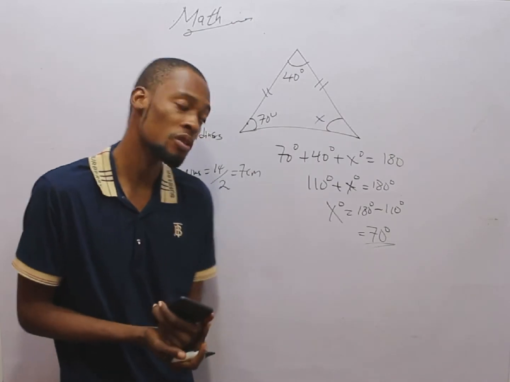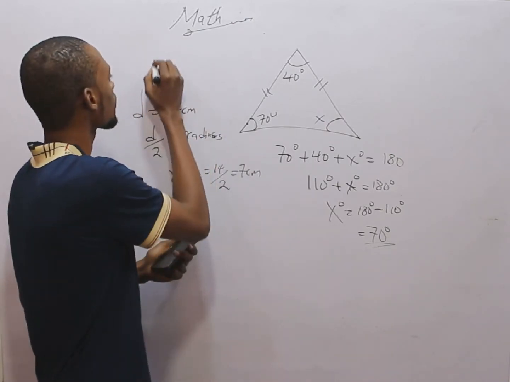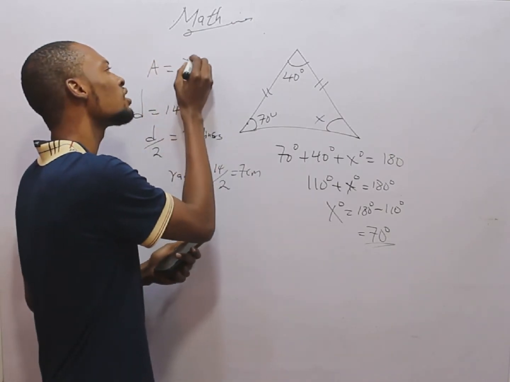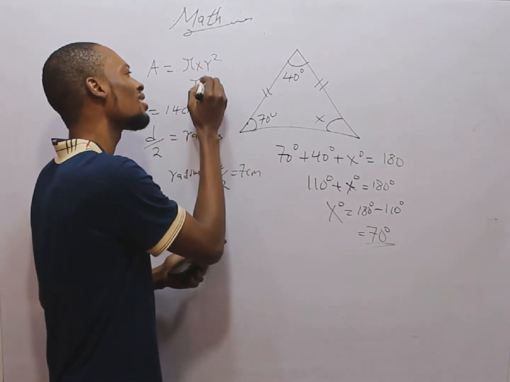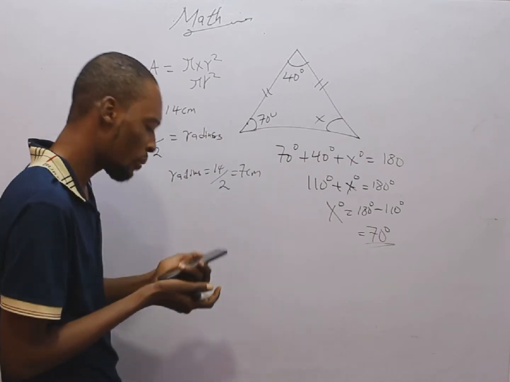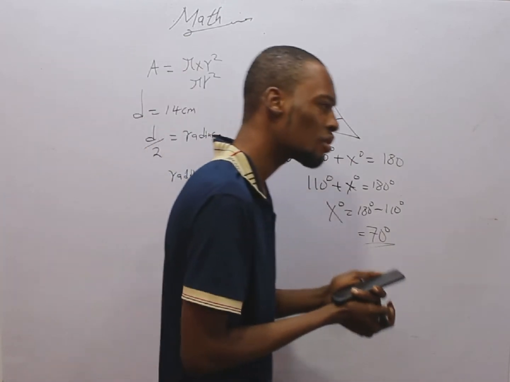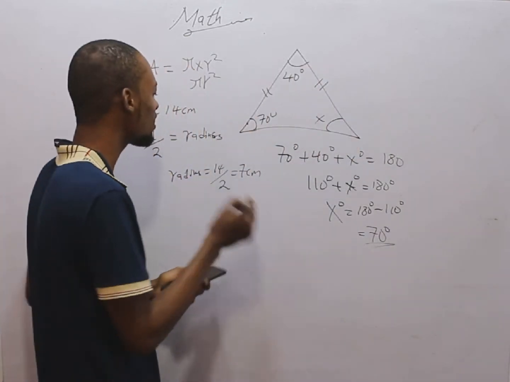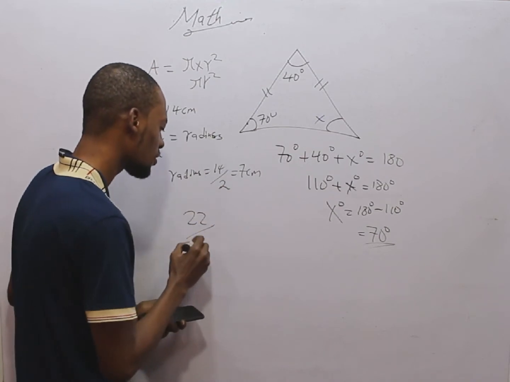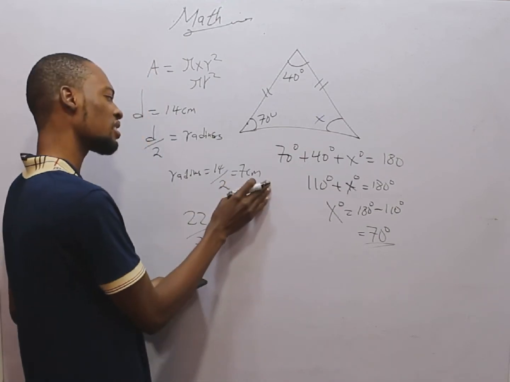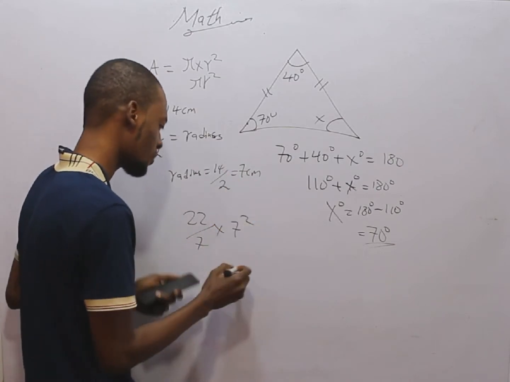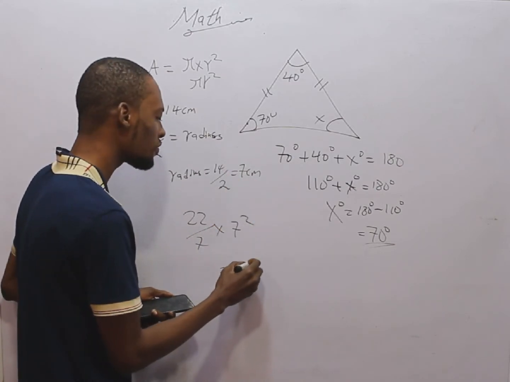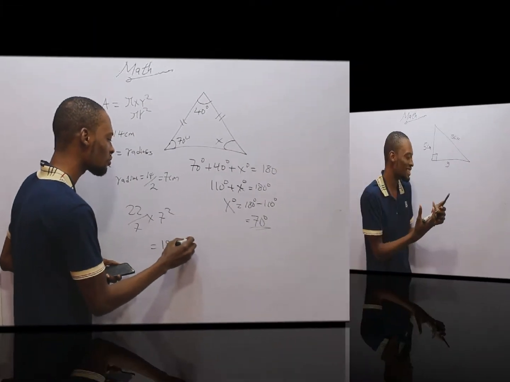We need radius because the area of a circle is pi times r square, which is pi times the square of the radius. Pi is 22/7 times radius, which is 7. When you square the radius, you get 7 square. This will give you 154 centimeter square.